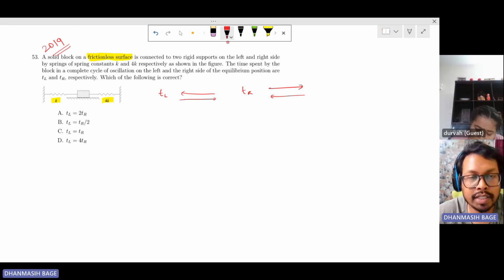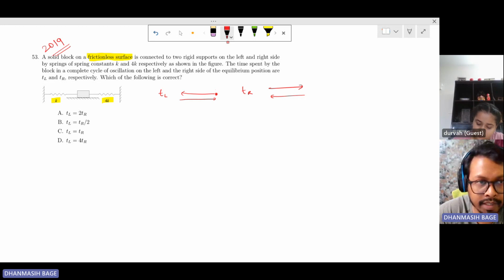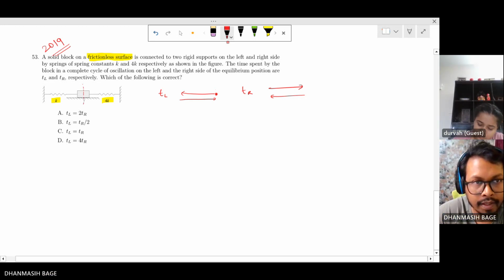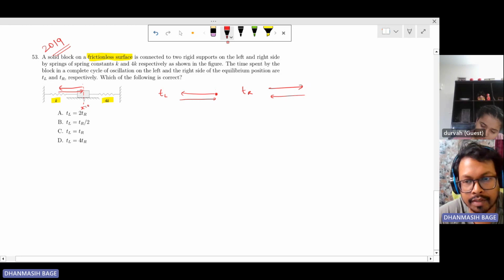Okay. So when I say that TL is the time taken to complete the left journey, we start from the mean position. Here we will take that x is equal to 0. It will go this side and then again come back to the same position. The time taken to complete this journey is TL.